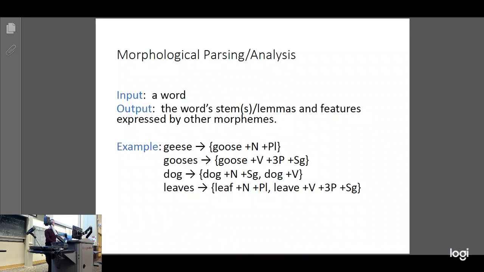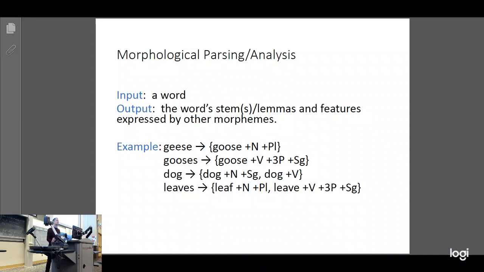Then it's plus goose is the lemma, it's called, the basic dictionary form of the word, plus v, plus third person, v for verb, third person, and singular. Dog can be either a noun, a singular noun, or a verb. Leaves can be either the plural of the noun leaf, or it can be the third person singular of leave. So given these, we want to get these sets.